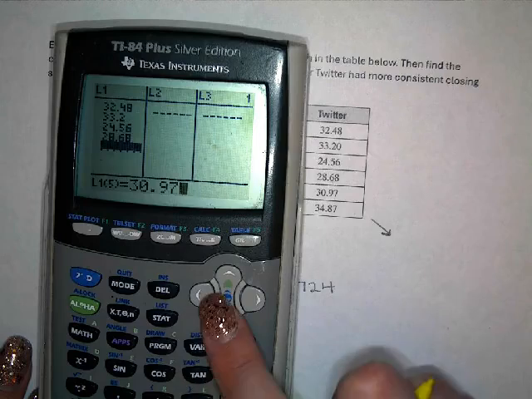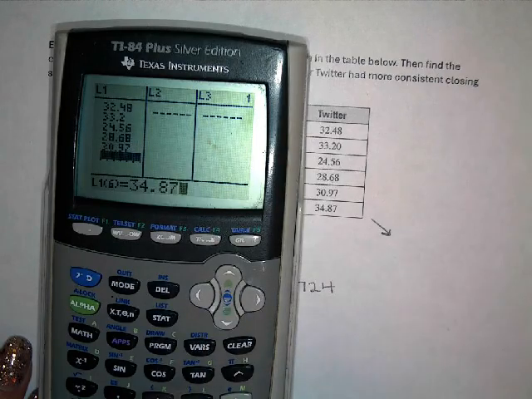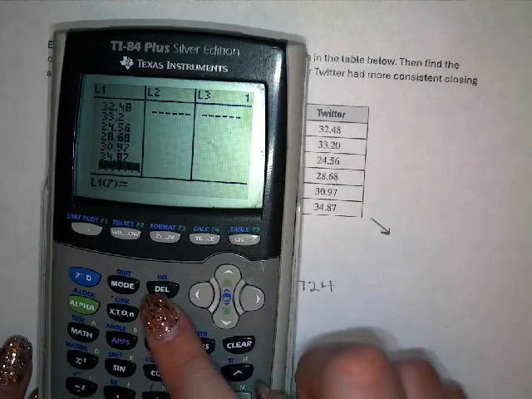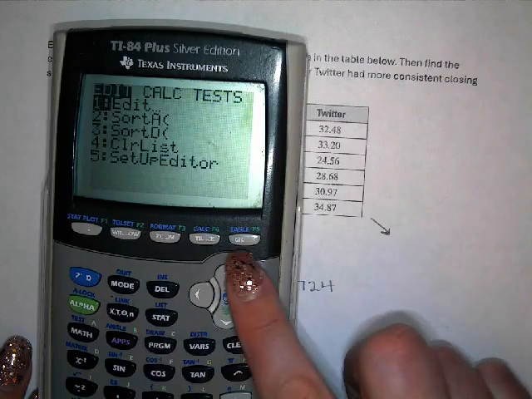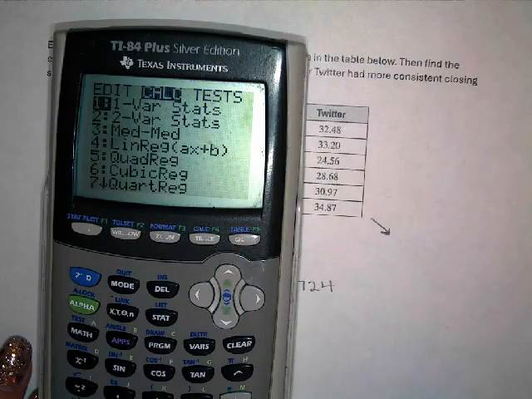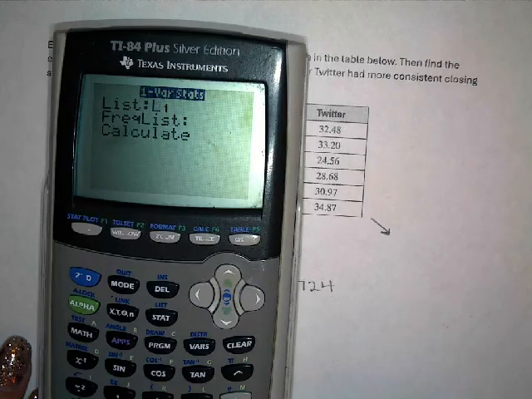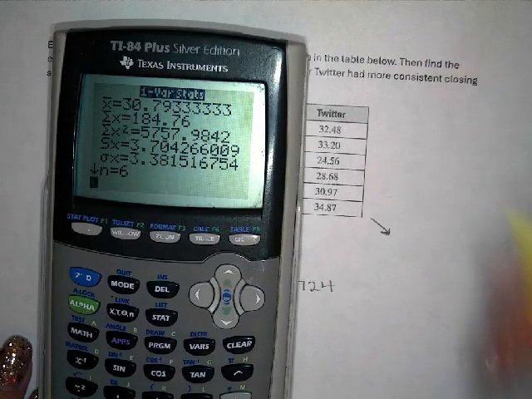So now that I've got the values in, I'm going to hit Stat, go over to Calculate, one variable statistics. My X bar is 30.79.